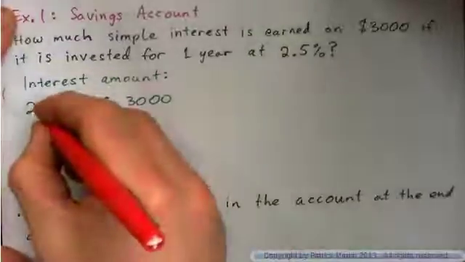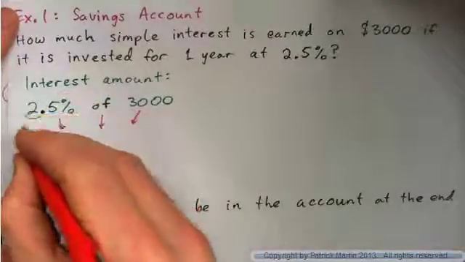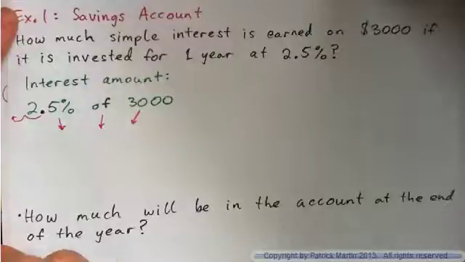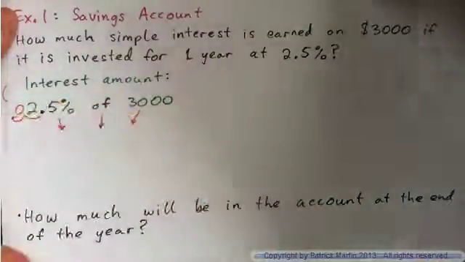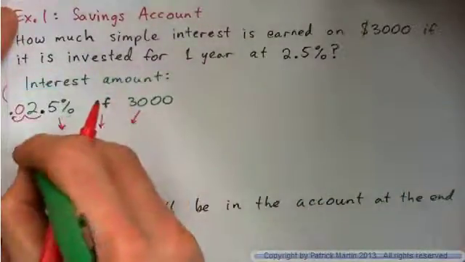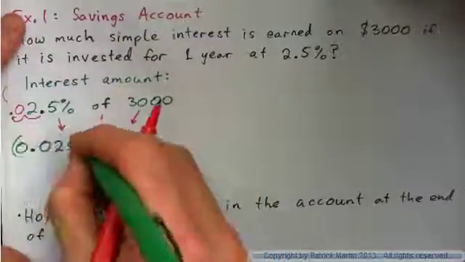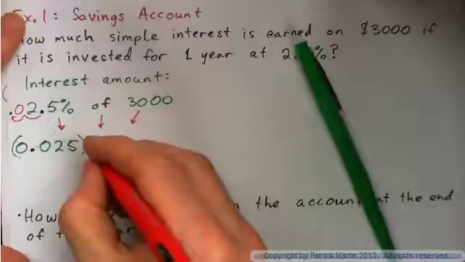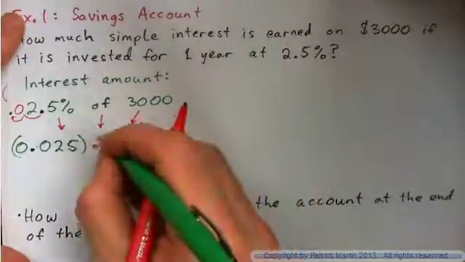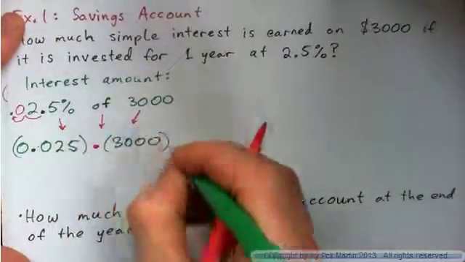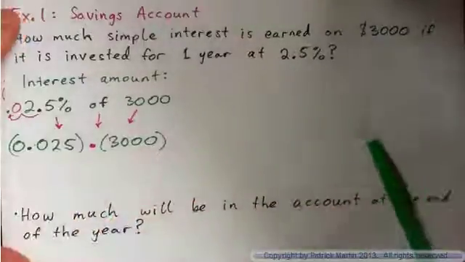You take the decimal point and move it to the left 2 spaces and stick in a 0. So that becomes 0.025. And of means multiply, so multiply by 3,000.